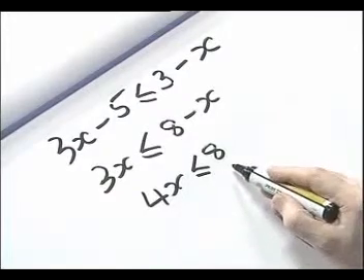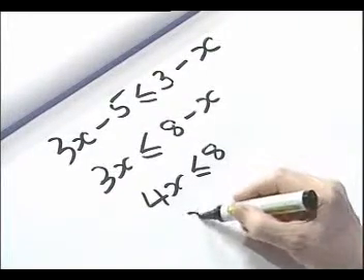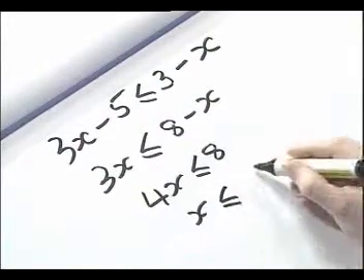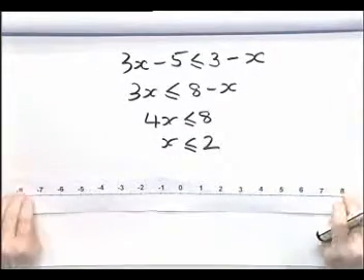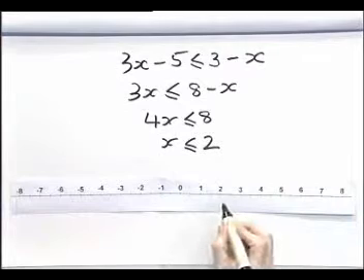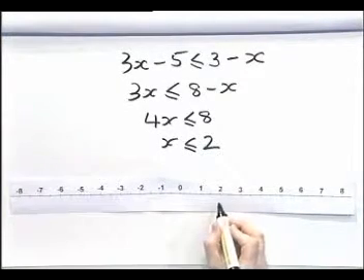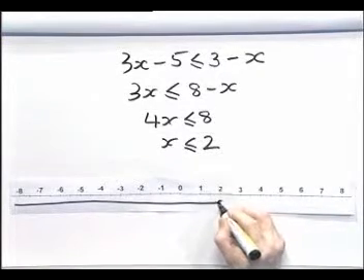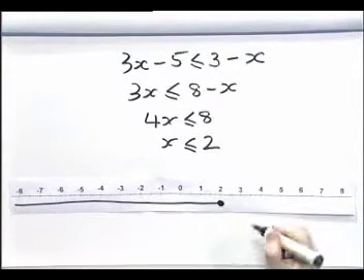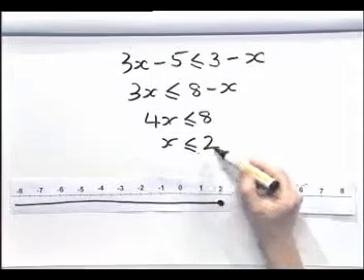Finally, I can divide both sides by 4, which gives me x is less than or equal to 2. And on the number line, x is less than or equal to 2, so we go this way. And this time I'm going to do a closed circle. This denotes that x can be equal to 2.